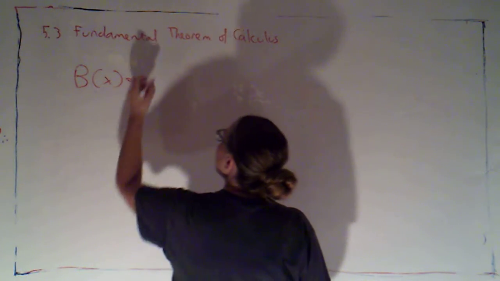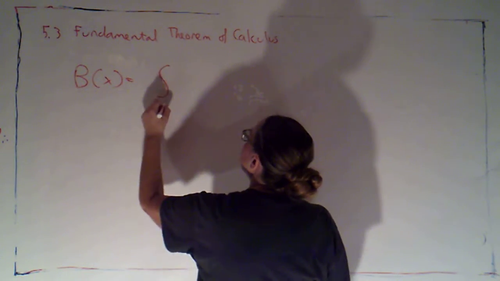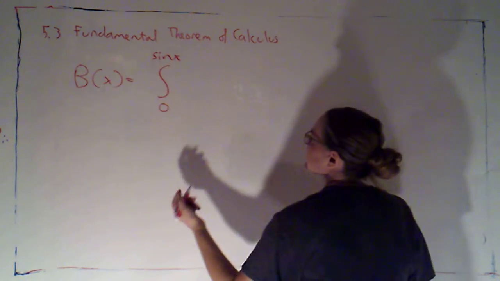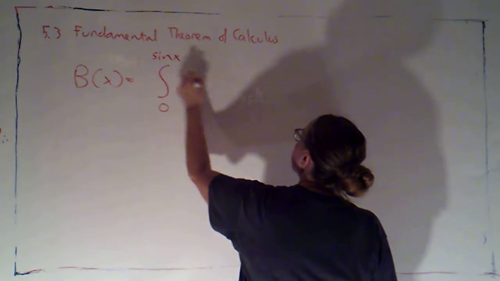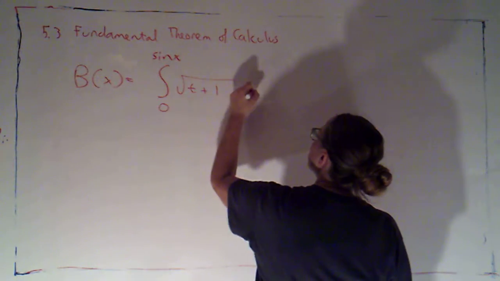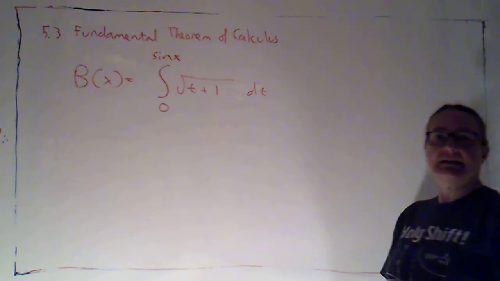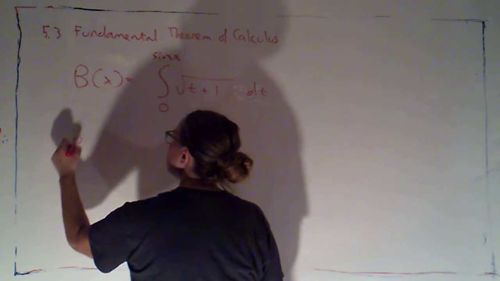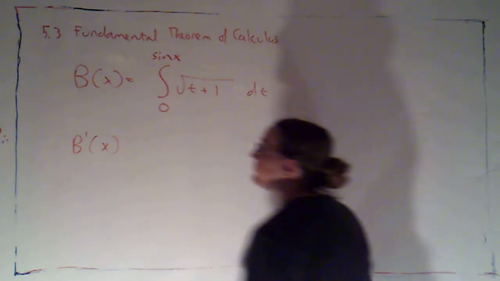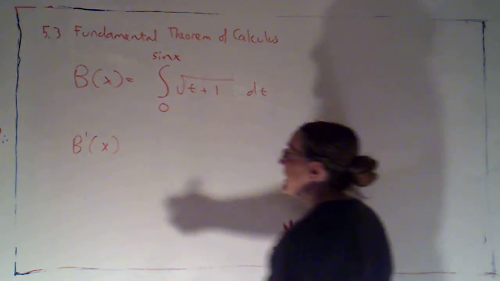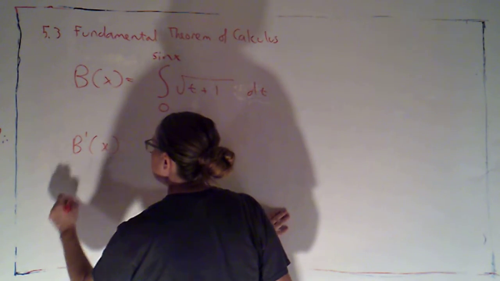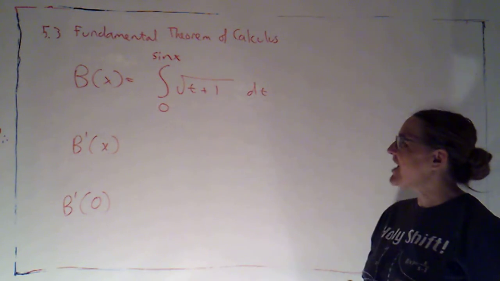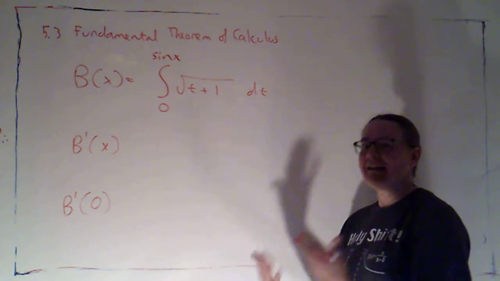Let's suppose I've got the integral from 0 to sine x of the square root of t plus 1 dt. Okay. And what I'd like you to do is find me a formula for b prime of x, and then evaluate b prime at 0. Okay, so that's your job, and that's what we'll start with in the next video.